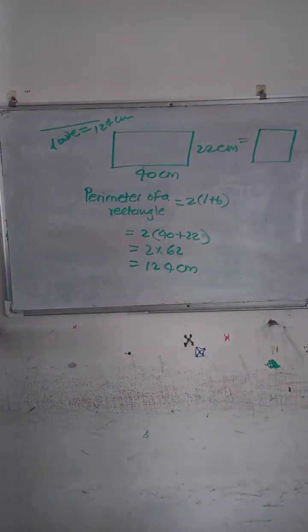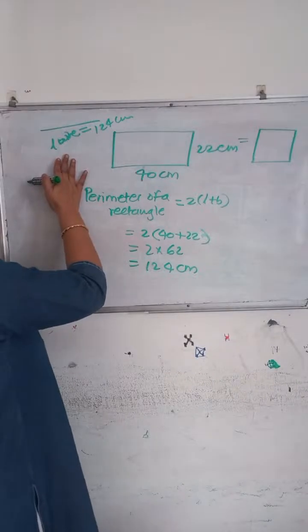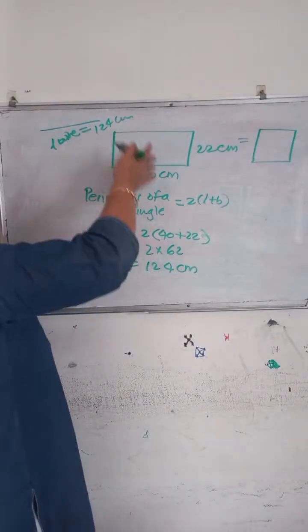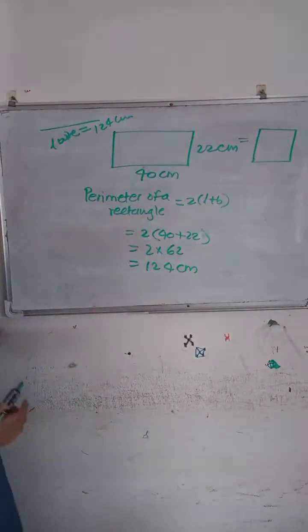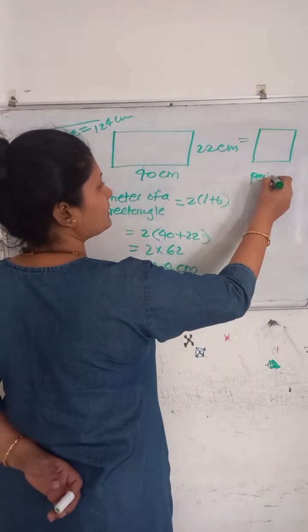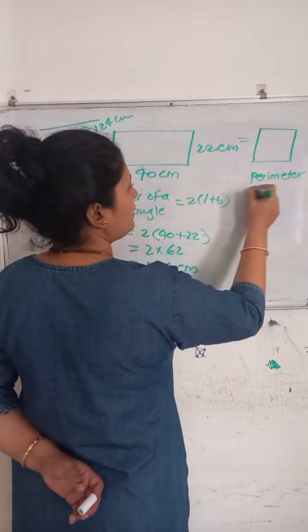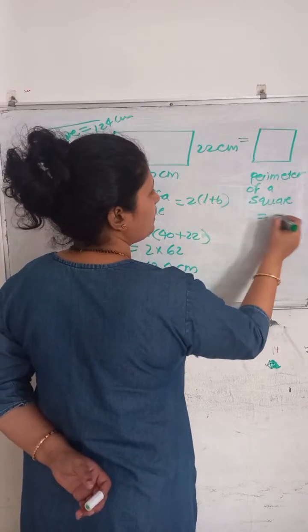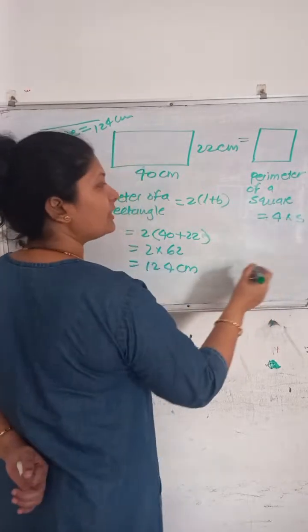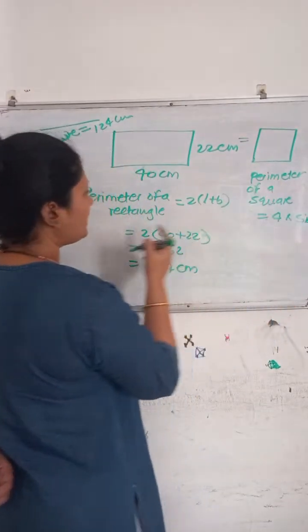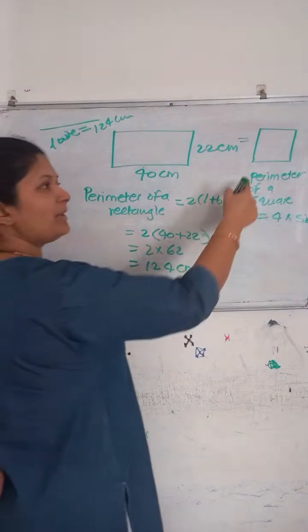Correct? Whatever the length of the wire, the same wire is bent into the rectangle and the same wire is converted into the square. So again we can take the perimeter of the square. Perimeter of a square is equal to 4 into s, where s is the side. Whatever the perimeter of the rectangle, the same is the perimeter of the square.